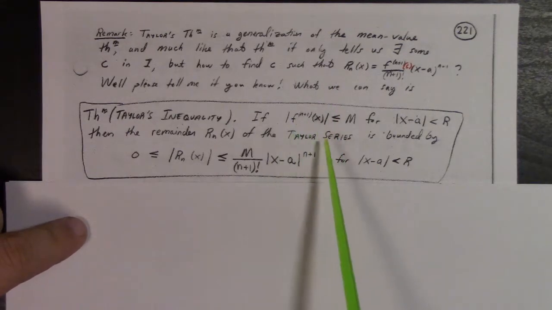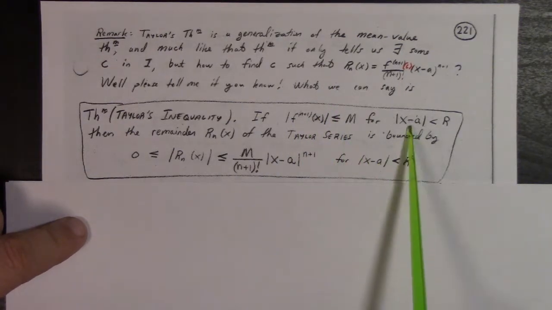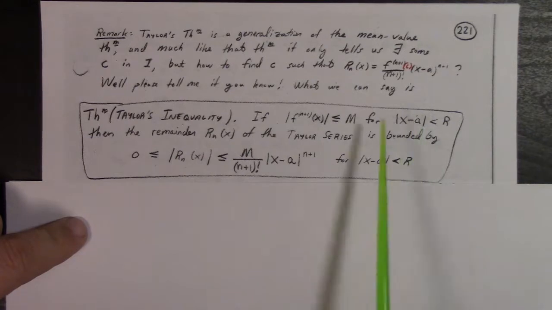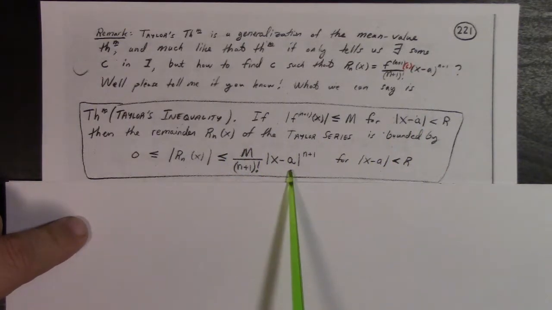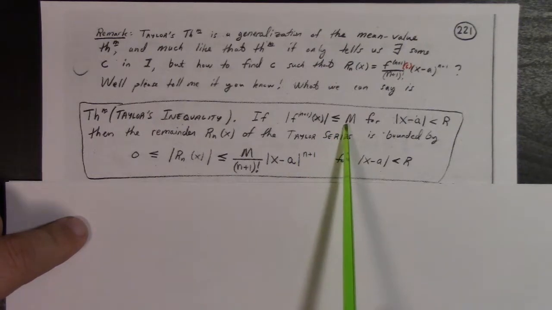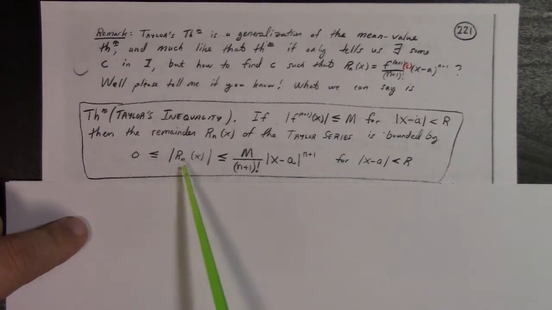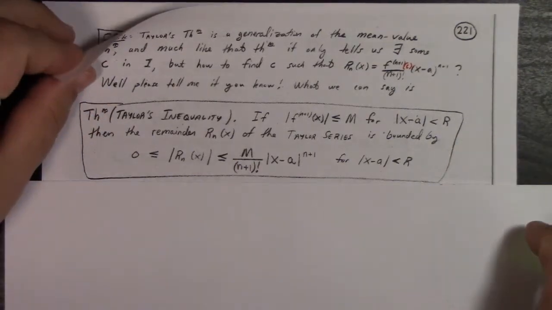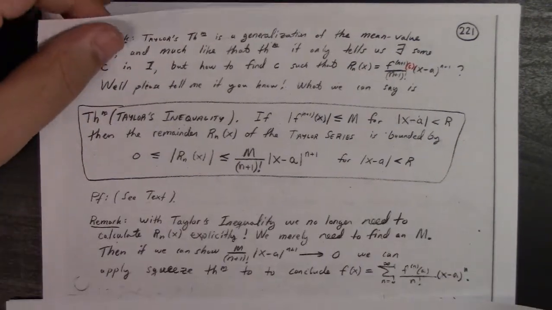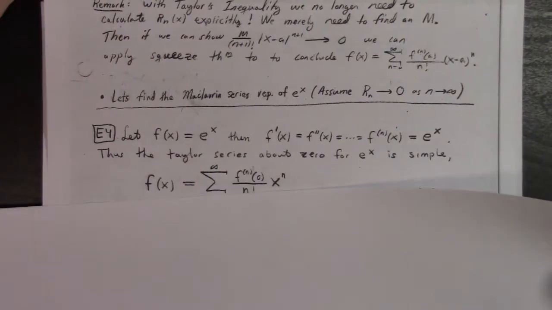If the n plus 1th derivative is bounded by M for x within r units of a, then the remainder of the Taylor series is bounded as follows. So this gives us a way, if we can bound the n plus 1th derivative, then we can squeeze the remainder to 0 and hence show that the function is analytic. That's pretty nice. I'll let you see the text for the proof of that.